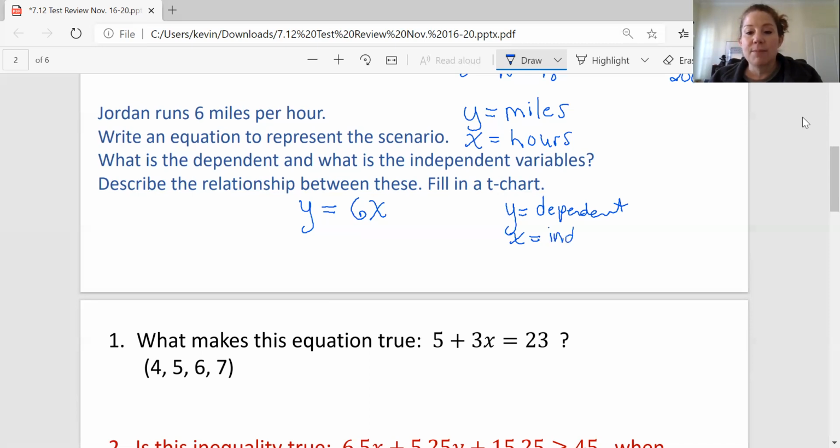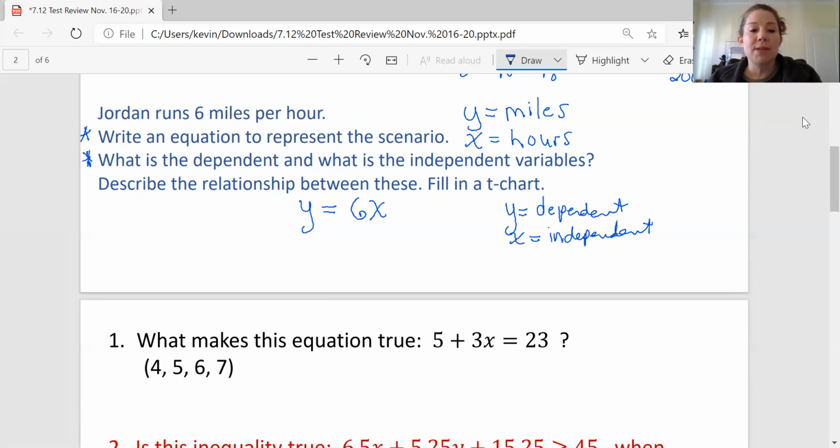But however many hours he runs, that totally will affect how many miles he runs. So we've written an equation, and we've picked out the dependent and independent variables.